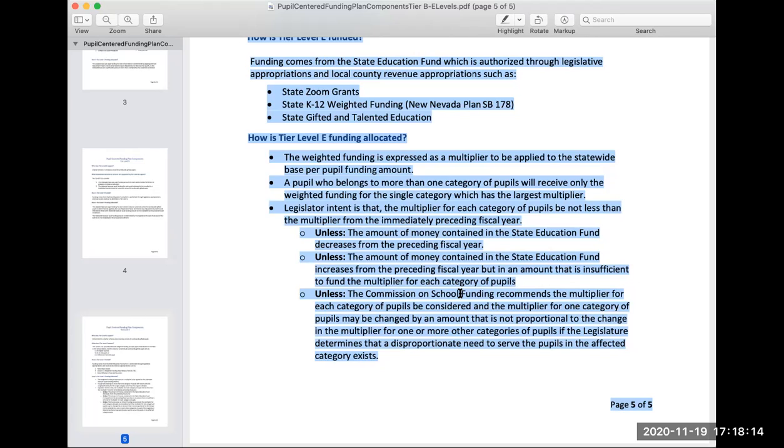The multiplier for one category of pupils may be changed by an amount that is not proportional to the change in the multiplier for one or more other categories of pupils if the legislature determines that a disproportionate need to serve the pupils in the affected category exists. Page 5 of 5.